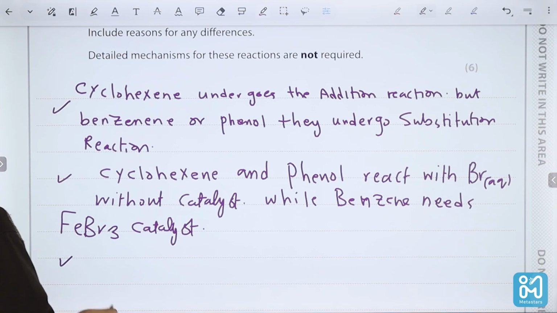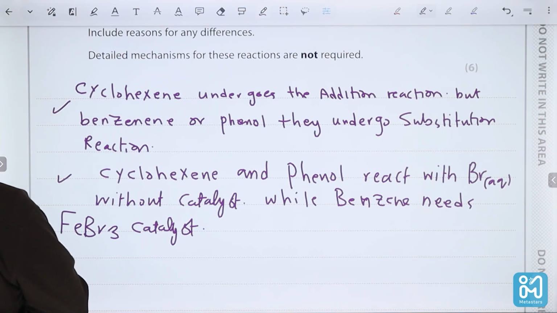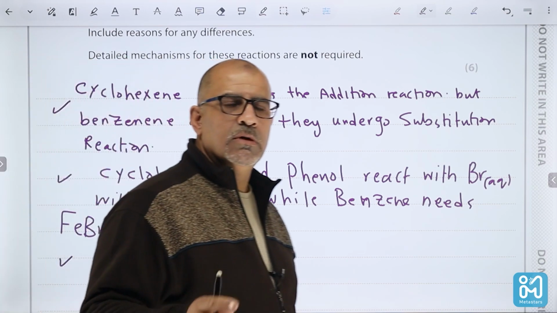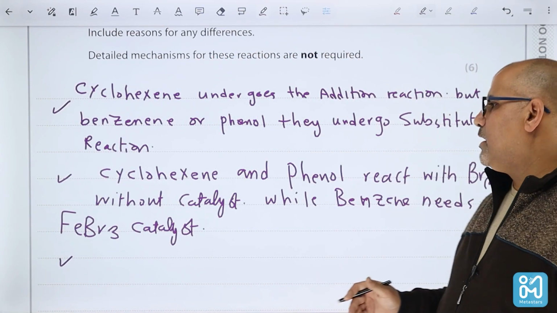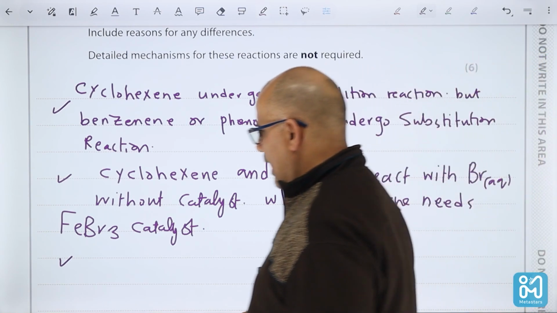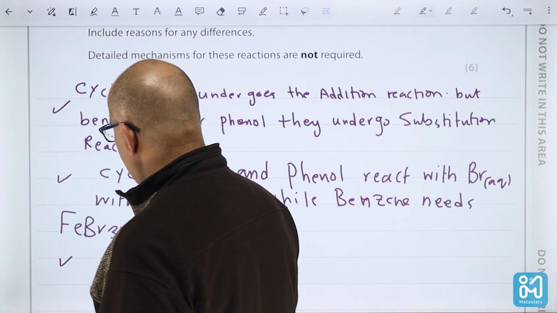The benzene has delocalized electrons and the reaction has high activation energy, while in phenol the delocalized electrons are shared with the lone pair.